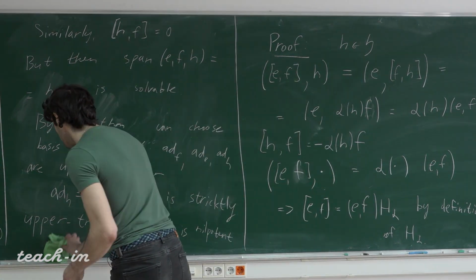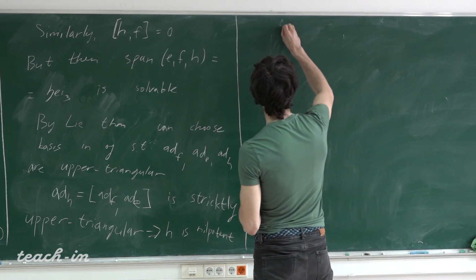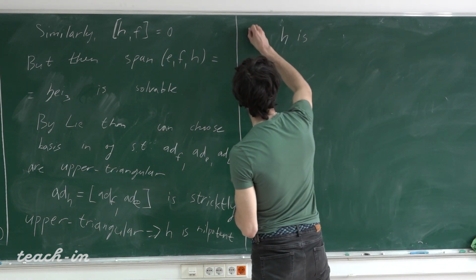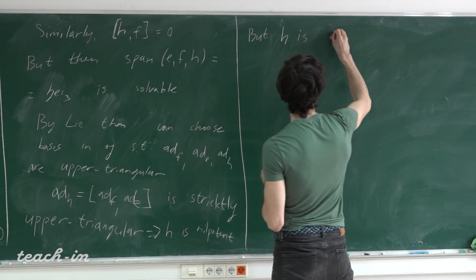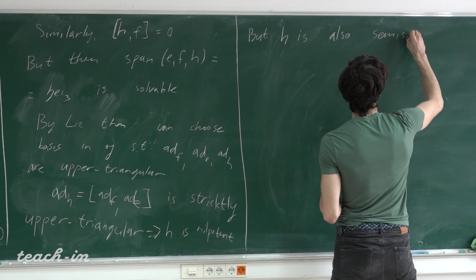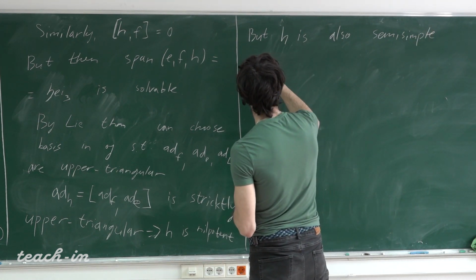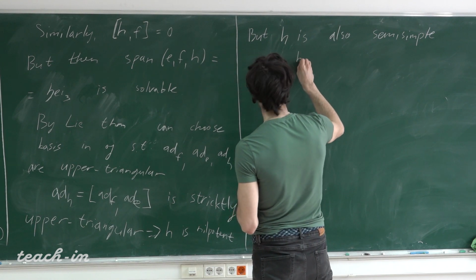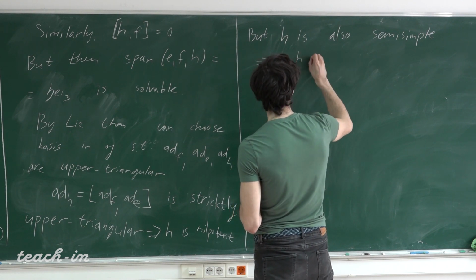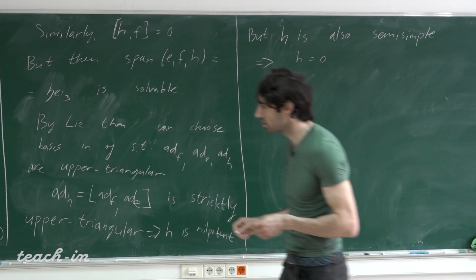Right. But this is, of course, the contradiction. So H is also semi-simple. Therefore, H equals 0. But let's recall what was H at the very beginning.